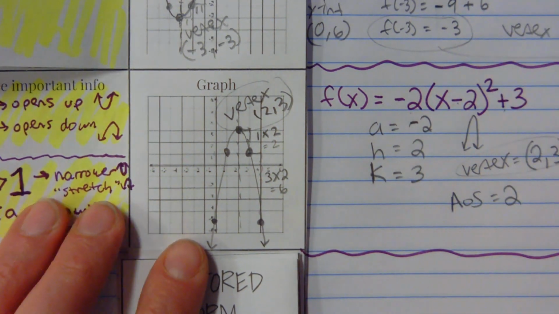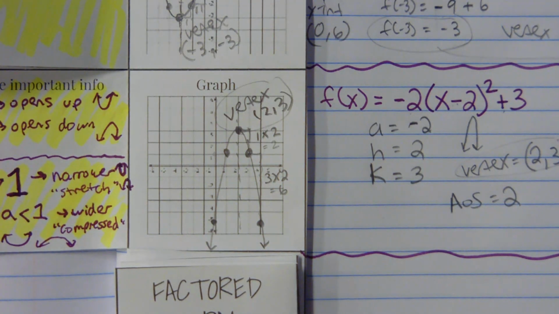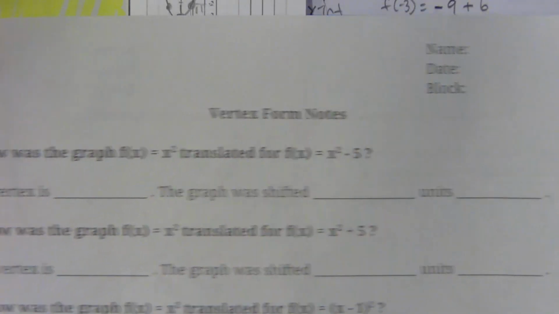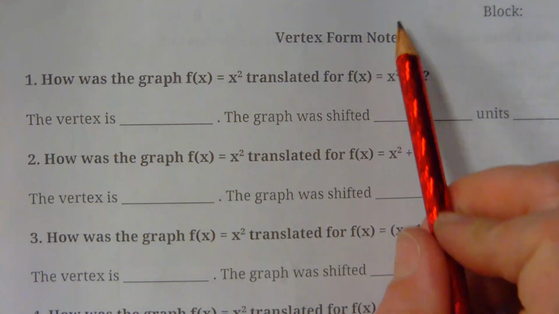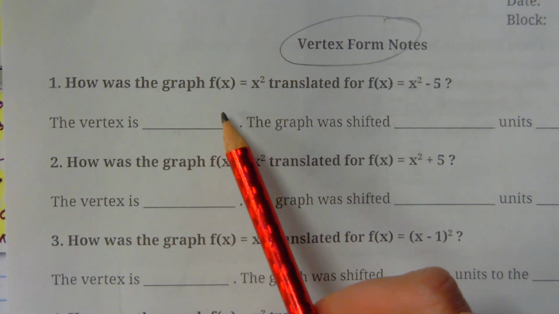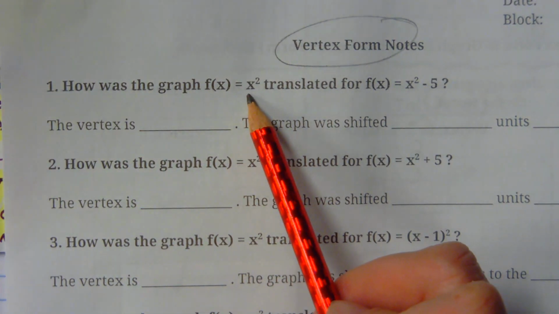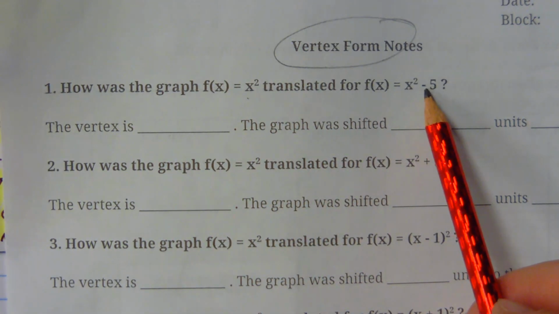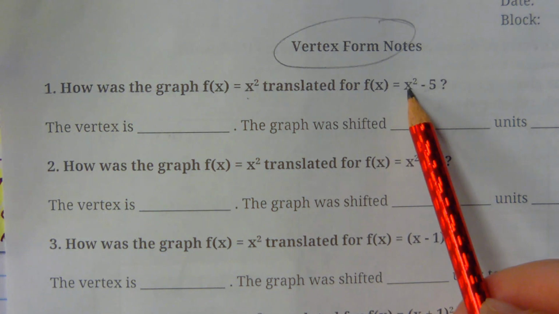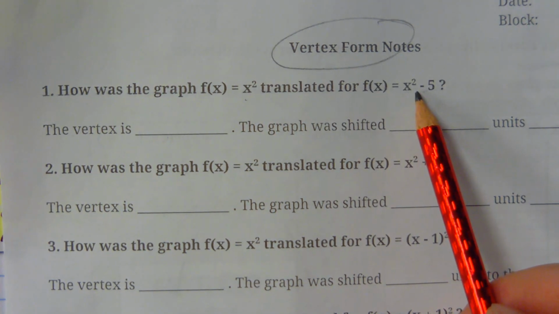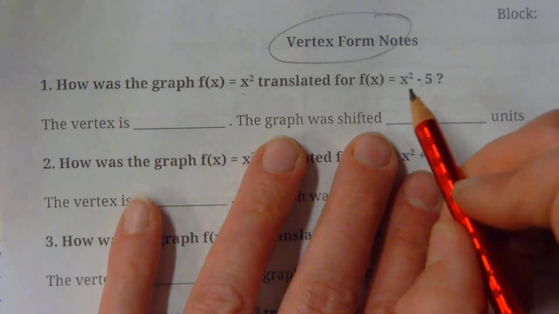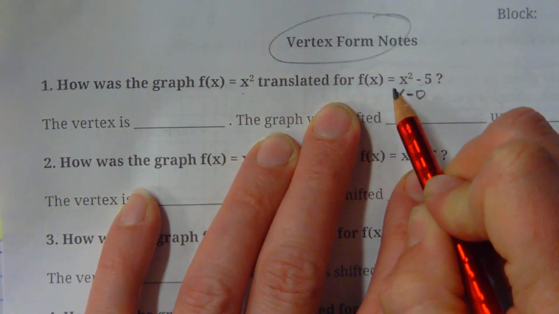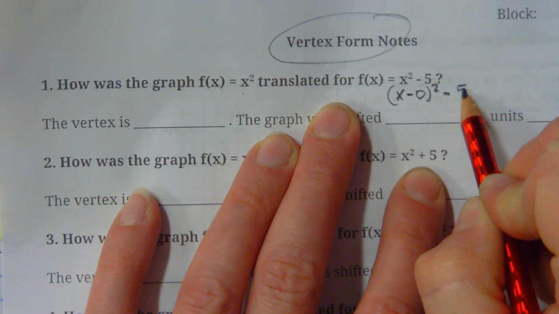You're going to have a worksheet now that you should have gotten in class that looks like this, and it's all in vertex form. So for the vertex, this is what our parent function was, and how was it translated? So what happens here? You're subtracting after the x squared. So we know the vertex you can figure out, and if there's nothing in there, then it's x minus 0 squared minus 5.